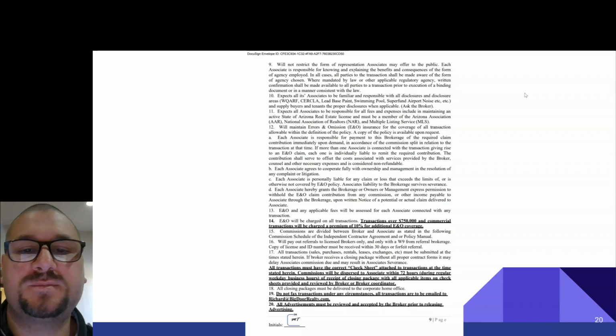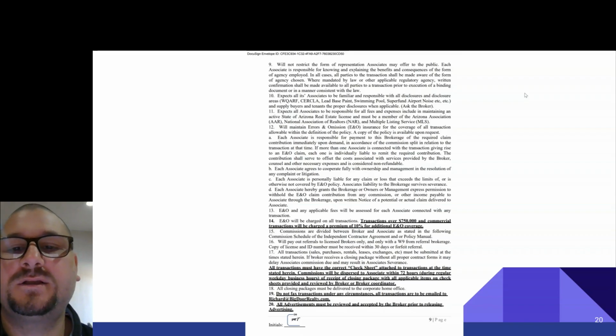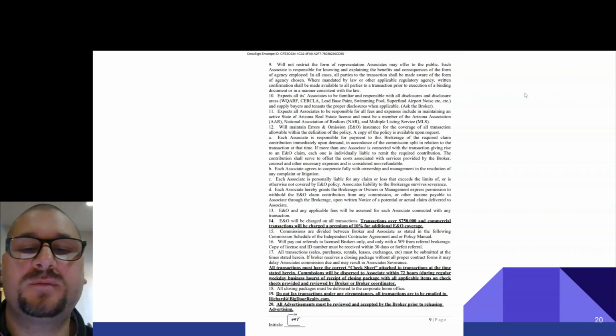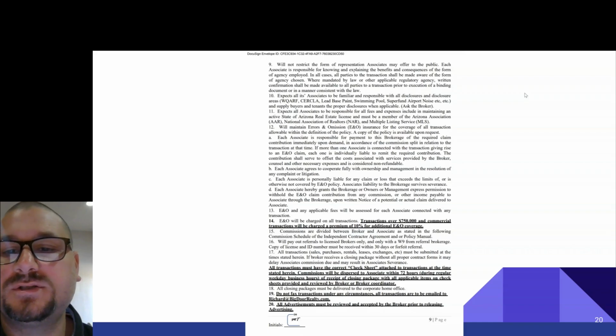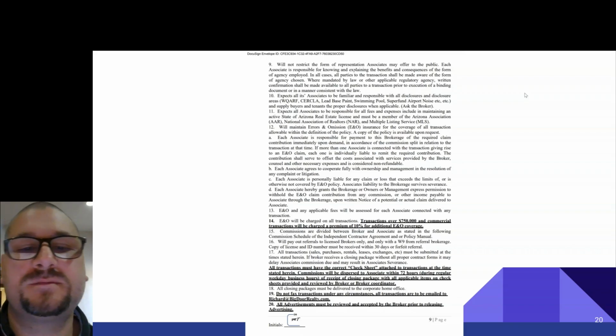Each associate is personally liable for any claim or loss that exceeds the limits of or is otherwise not covered by the E&O policy. Associate's liability to the brokerage survives severance.